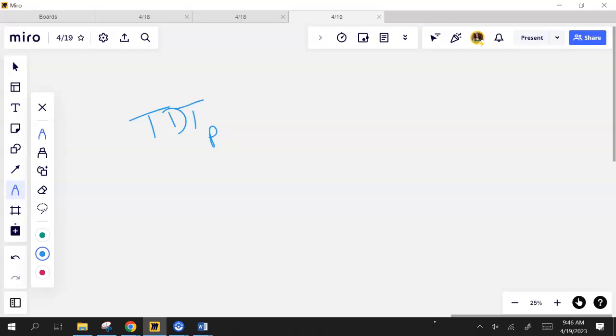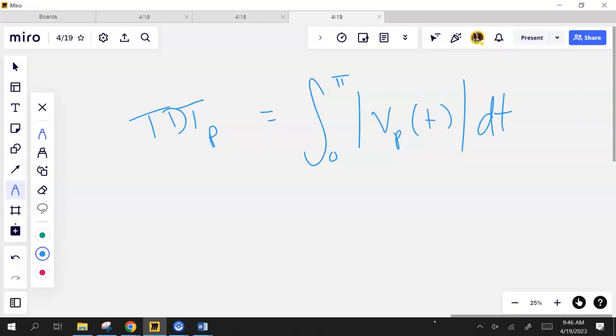So I said total distance of P is the integral from 0 to pi, and then I did this. I've had to learn, because time restraints will really get you, that if there's anything you can do to save time, you should. It's hard for me not to write that whole function in there, but it's already been defined in the beginning, so there's no sense in rewriting it. Just write V sub P of T, absolute value.